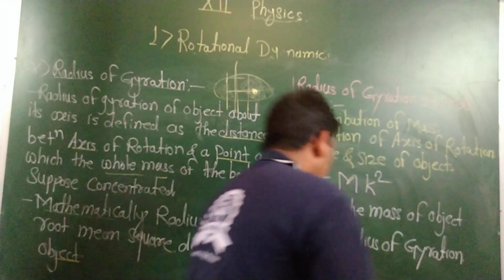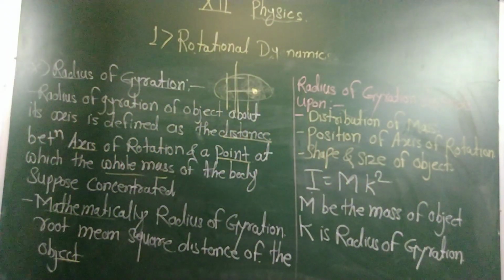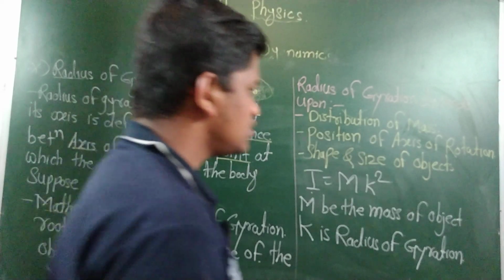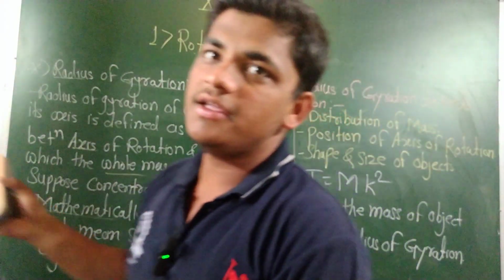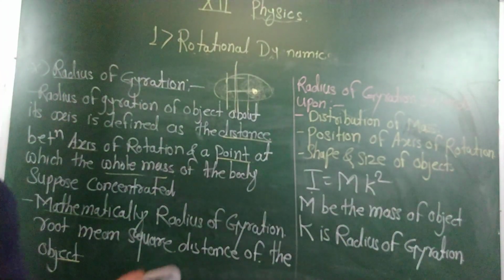Now we compare the radius of gyration for the moment of inertia of a ring and of a uniform disk.